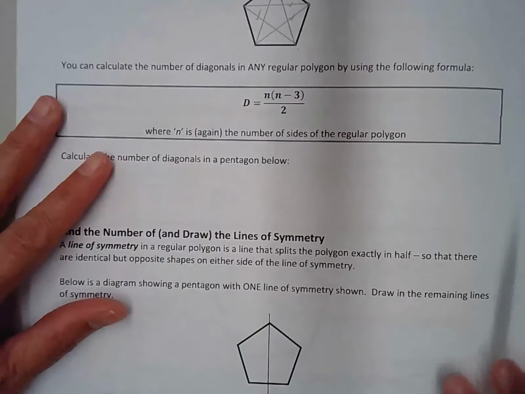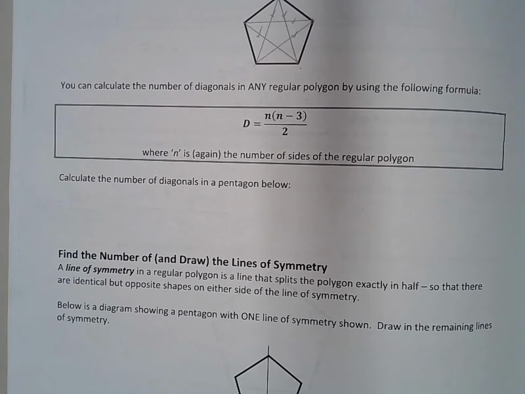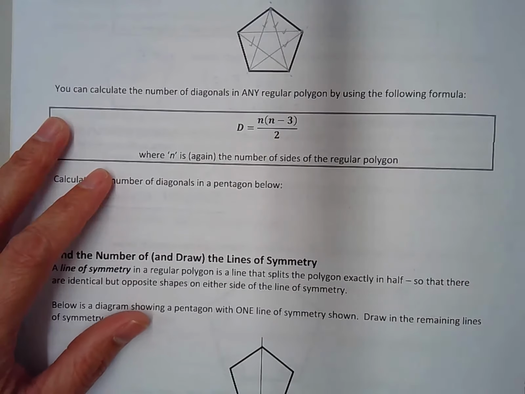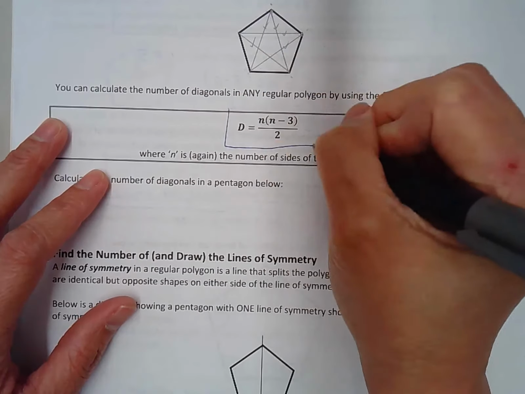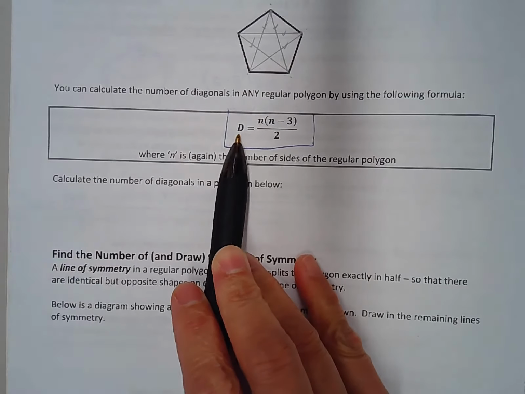So here's a formula. How can we calculate the number of diagonals? Here's the thing. And you can't go wrong here because D means diagonals, right?